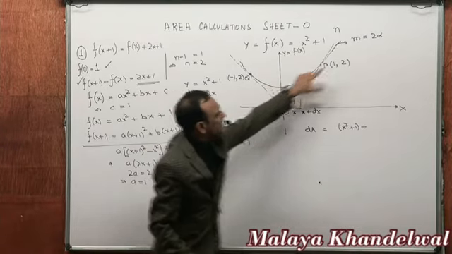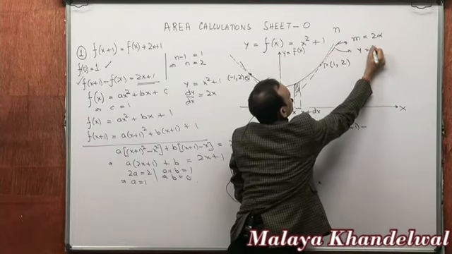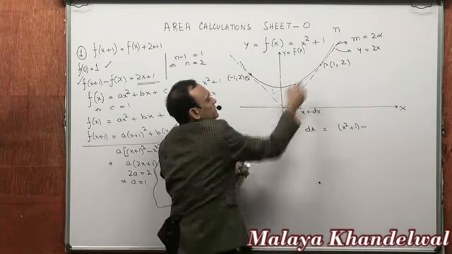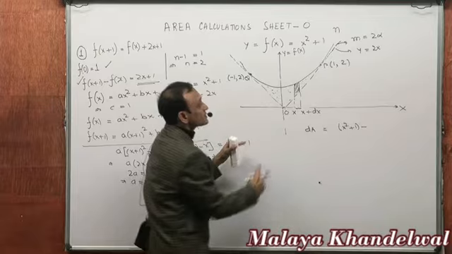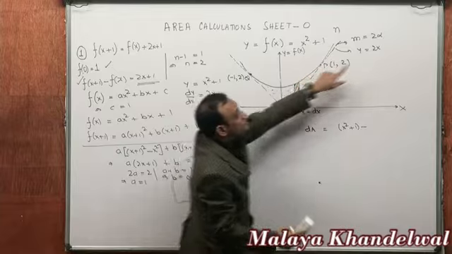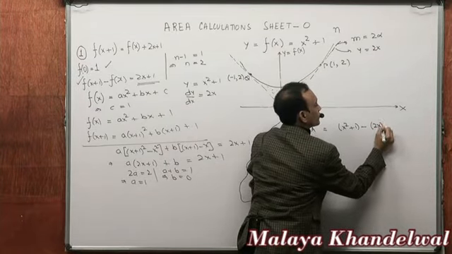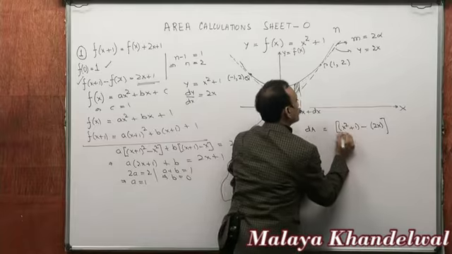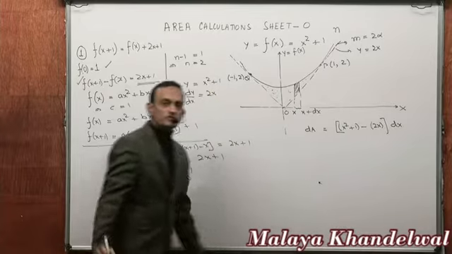This straight line has slope, now alpha is 1, so the equation of this line is y equal to 2x, isn't it? Alpha is 1, slope is 2, passing through the origin, so y equal to 2x. So y of the straight line is 2x, into dx. That's the area of the shaded region.